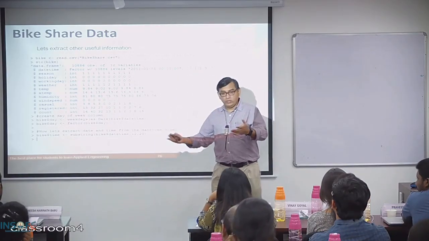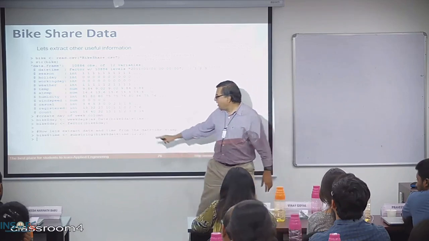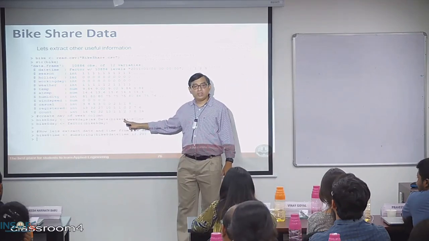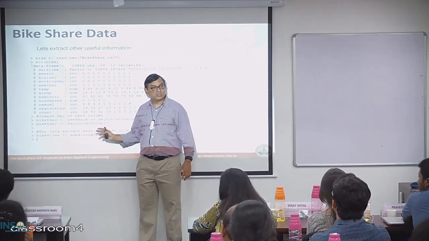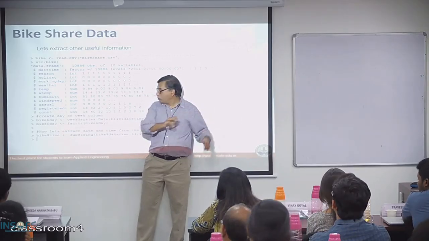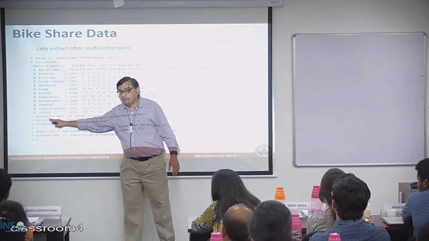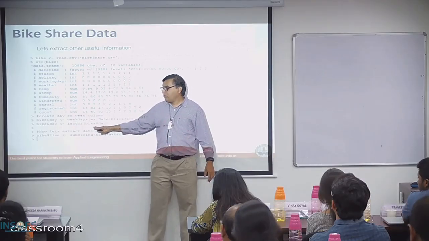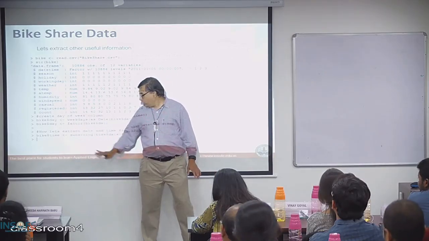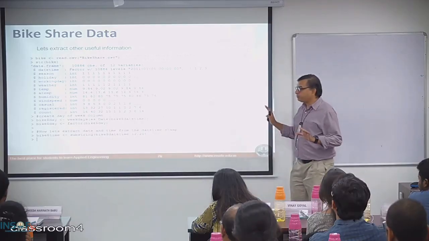We don't know. We need to see, right? So I take this date time and convert it into a weekday. I send it to this variable called day, and I'm also declaring that day is a factor. So this is what I have done.